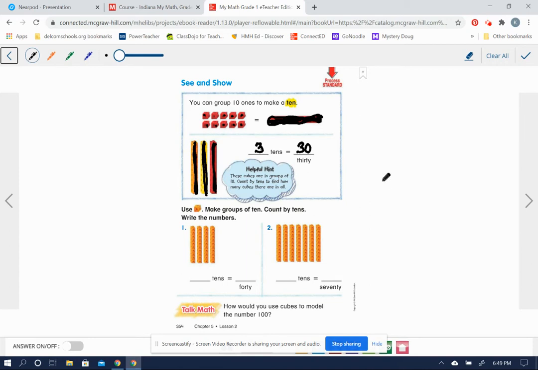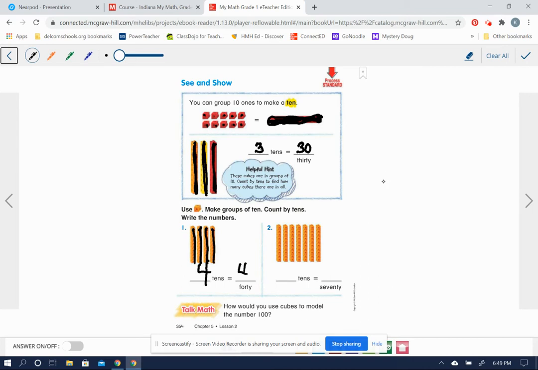All right, so looking at these cubes here, we're going to write how many groups of 10 there are. Let's count them. There's 1, 2, 3, 4. There are 4 tens, 4 groups of 10 right there. Now, if we were to find out how many cubes that is, we can count by tens. 10, 20, 30, 40.